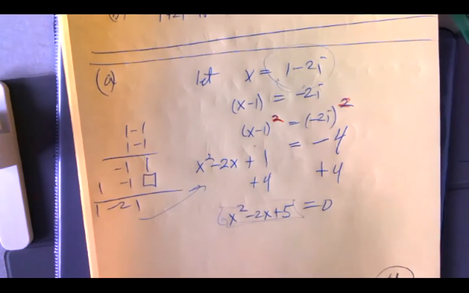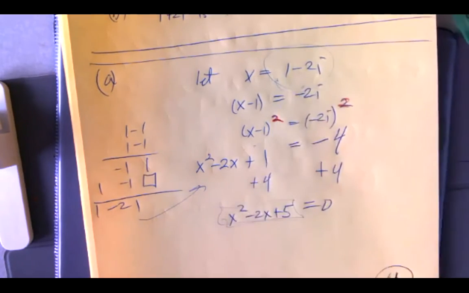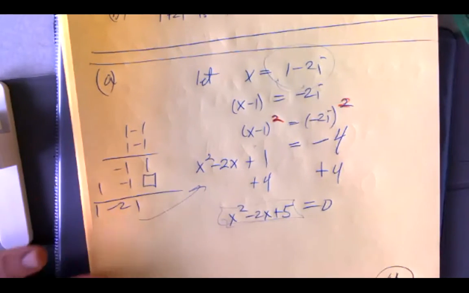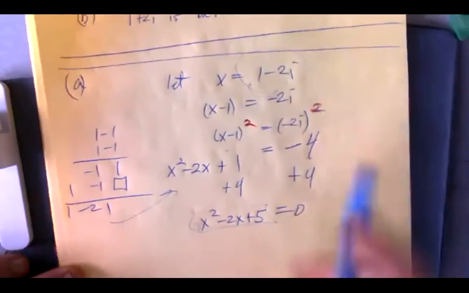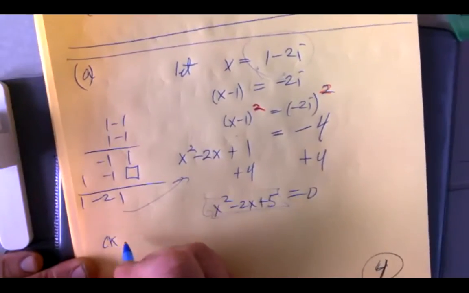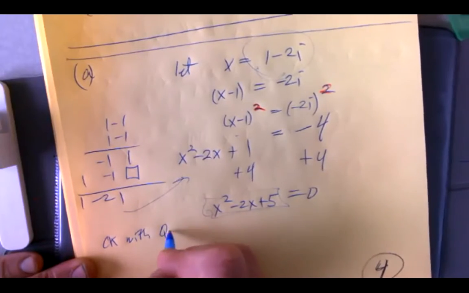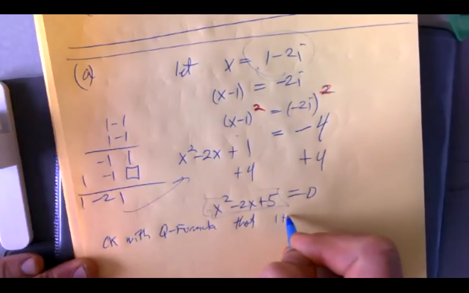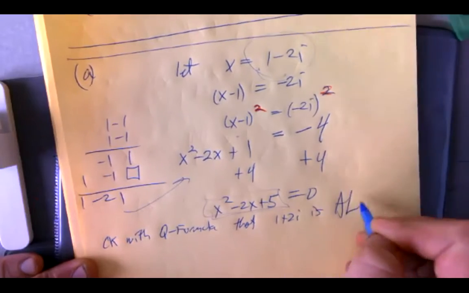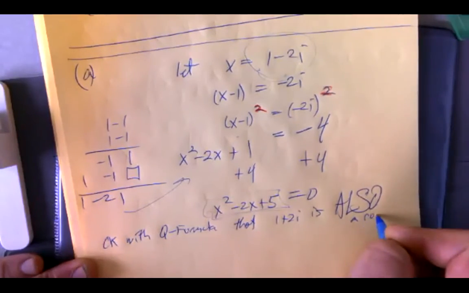There's degree 2. What would be the answers? One of them had better be this. 1 plus 2i. Yes, that must be the other answer. I'll just say check with the quadratic formula that 1 plus 2i is also a root.